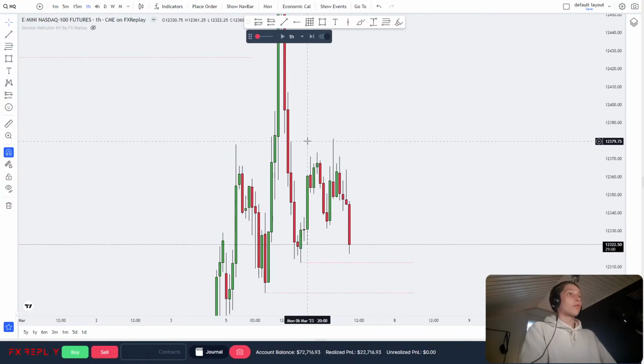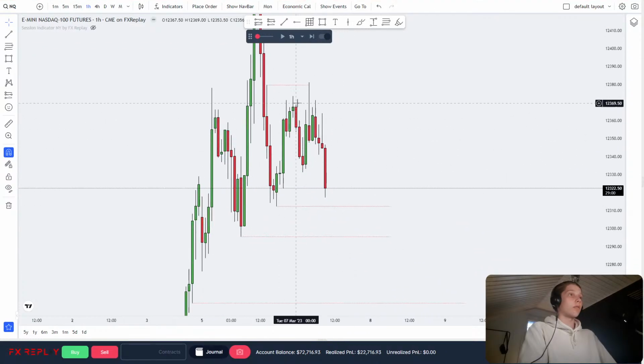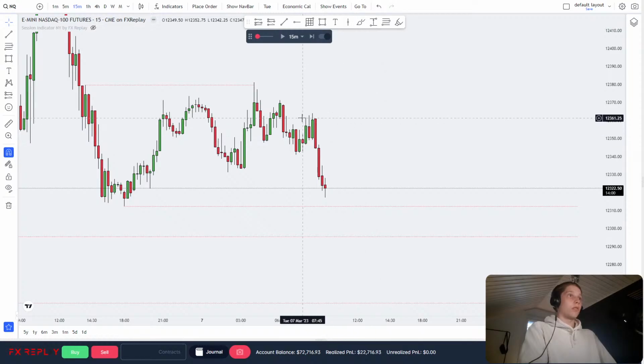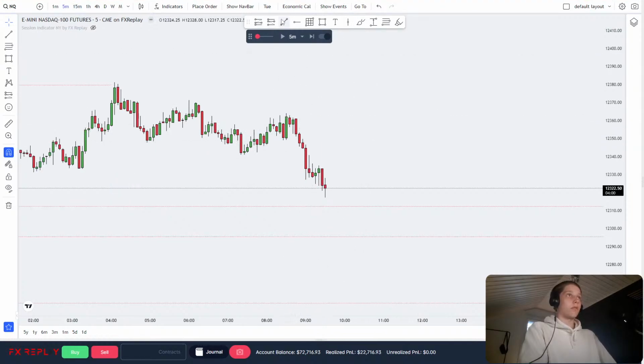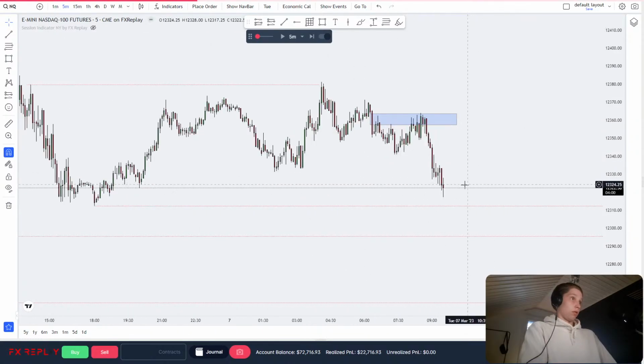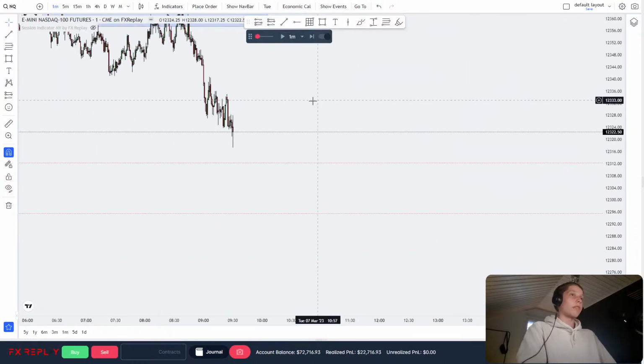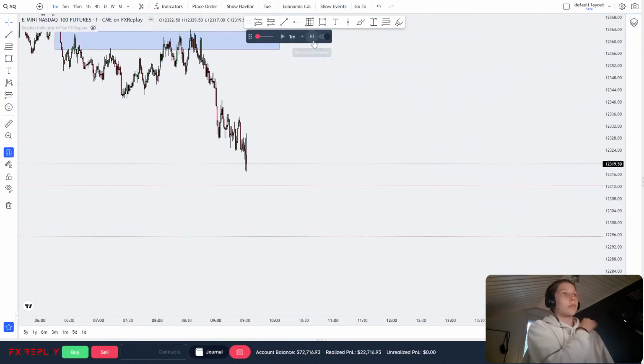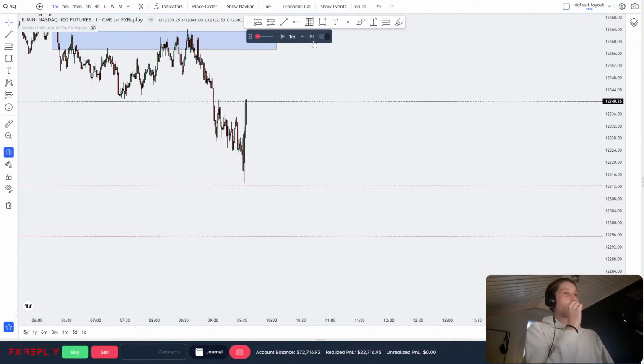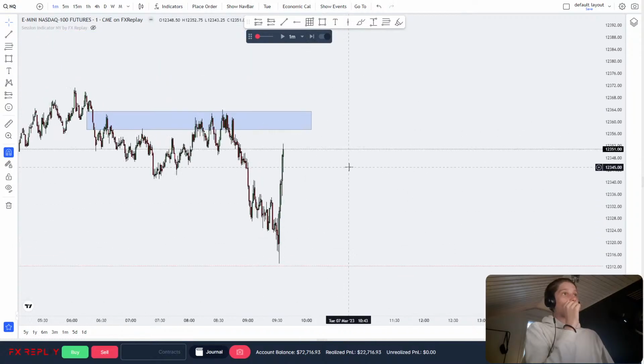We also tapped into this fair value gap, took that high and these highs here, then started running lower. M15, M5 being respected here. Okay, so bearish PD arrays are being respected here, so we want to see basically exactly this.